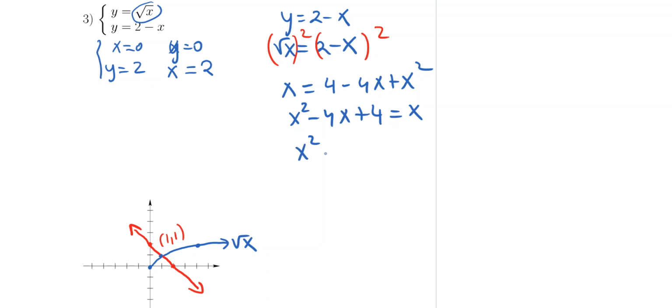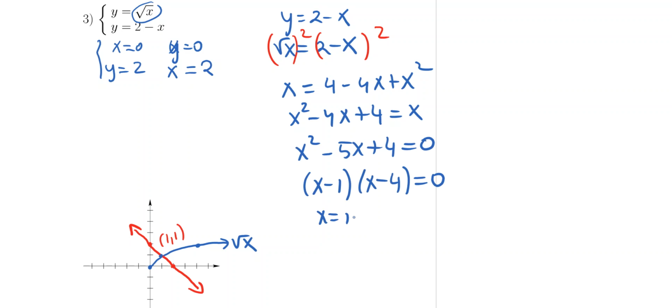Subtract x, I'll get x squared minus 5x plus 4 equals 0. So I have x minus 1 times x minus 4 equals 0. So then x equals 1 and x equals 4.